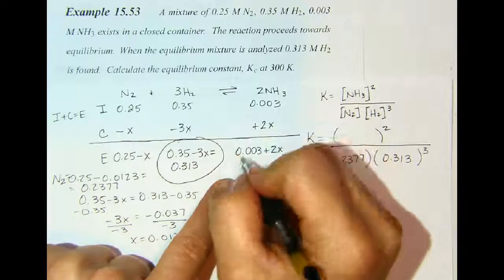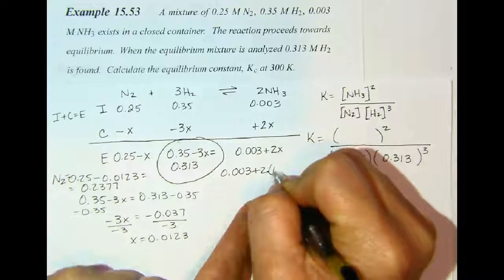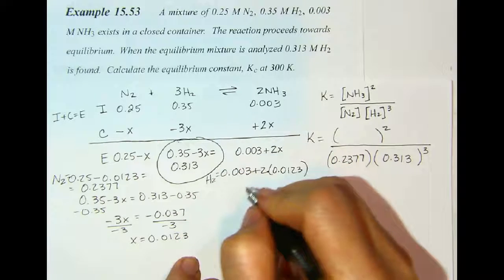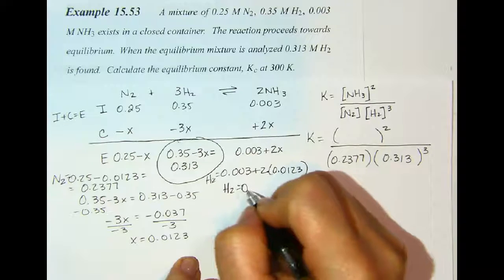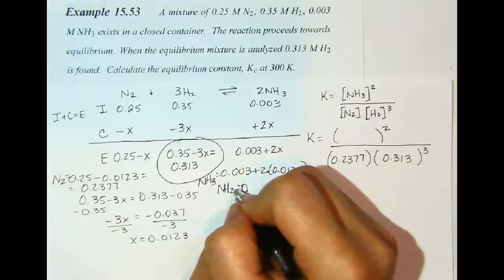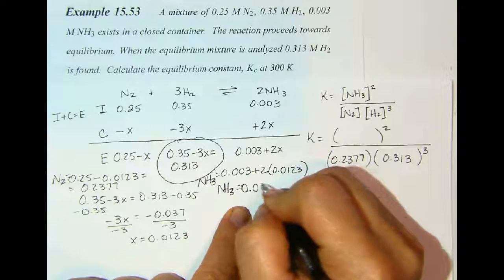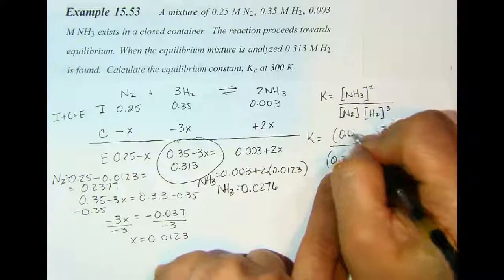And then I can plug in here for ammonia 0.003 plus 2 times 0.0123, and this will get me the ammonia concentration. And when I do this math, I get 0.0276. And so that is the value that I place up here.